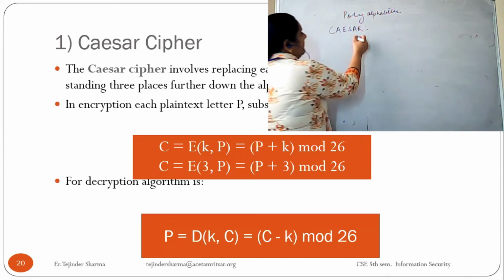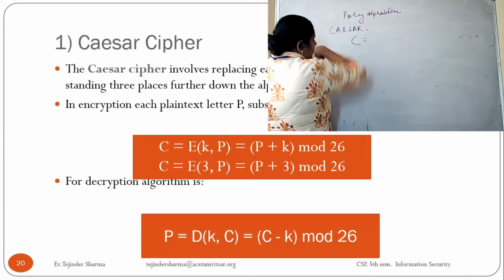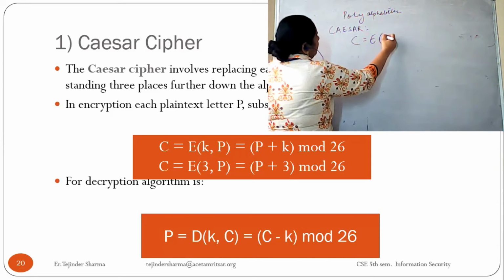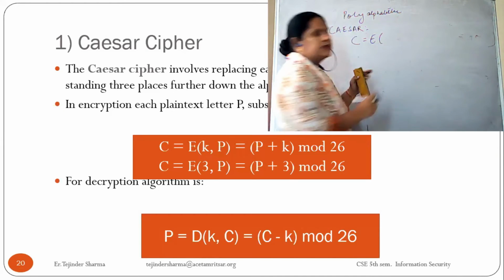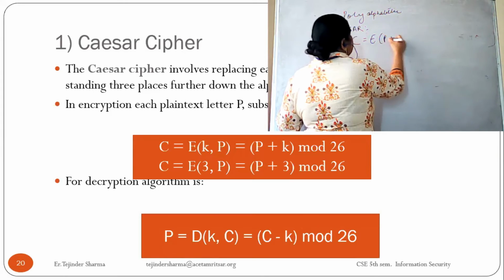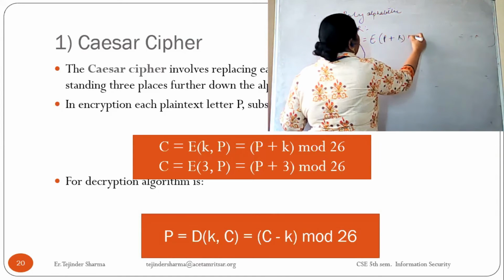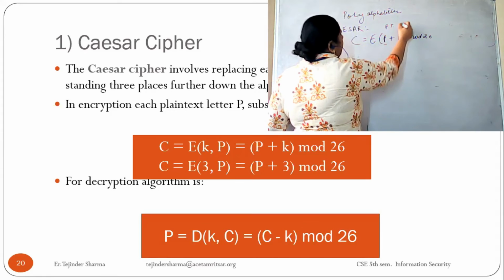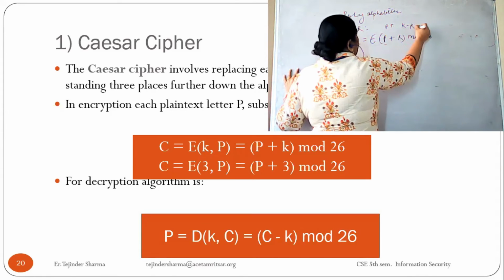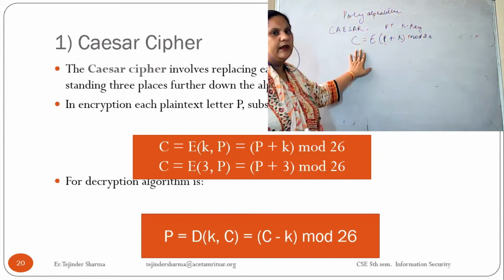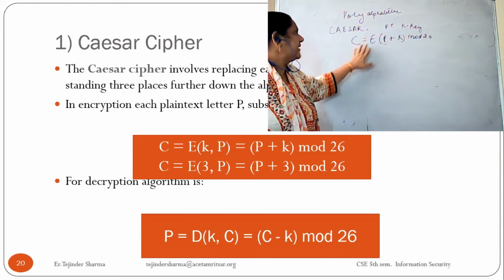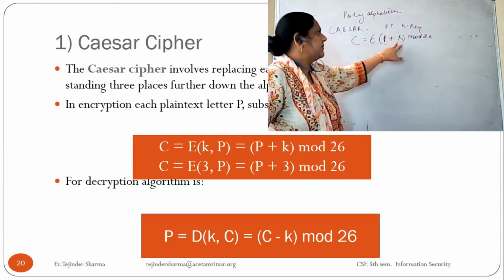First, you will write C, the ciphertext, is equal to encryption carried out using K plus P mod 26, where P is my plain text and K is my key. So you will get the ciphertext using the plain text plus key.